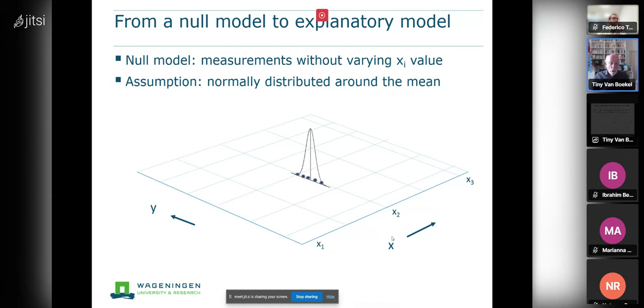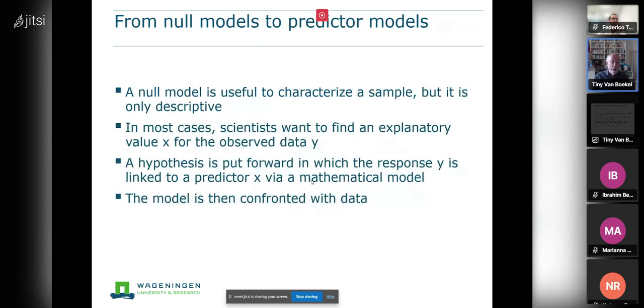So in the null model, I told you, we have assumed a normal distribution of all the data points around a mean. If we are going to extend our model by introducing explanatory values, so predictors, we are going to need a model.